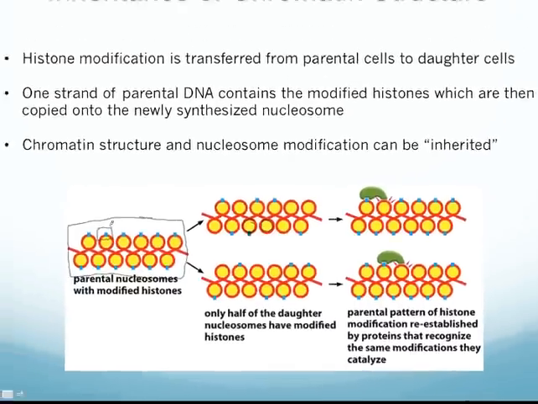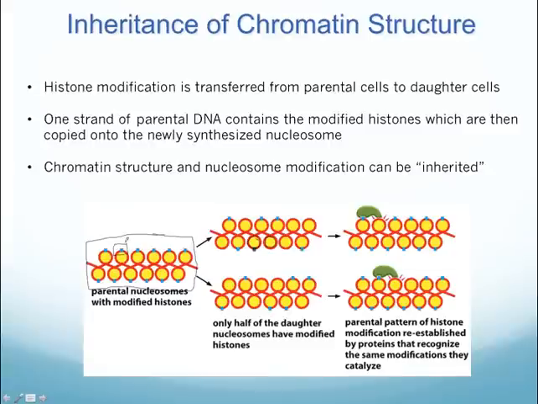Okay, so simply what this says is that covalent modification of histones, which ultimately affects chromatin structure, is copyable, is inheritable. Your cell knows that this nucleosome was modified, so therefore when your DNA divides, it'll copy over that information, and therefore your chromatin structure will be the same in each daughter cell.